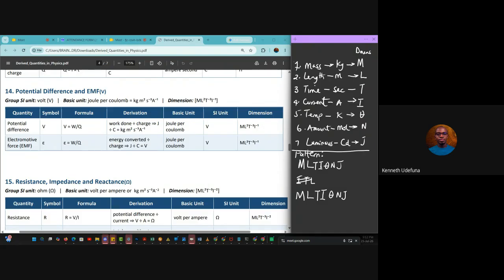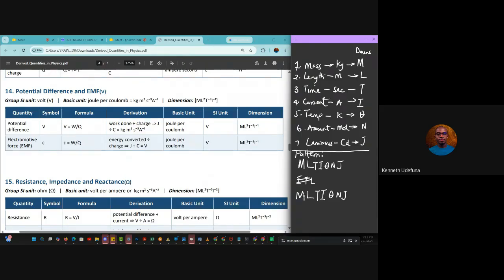Is it J before N or N before J? You write your capital N first before your J. That is what I'm trying to make you understand, and that is exactly what I mean by the pattern.